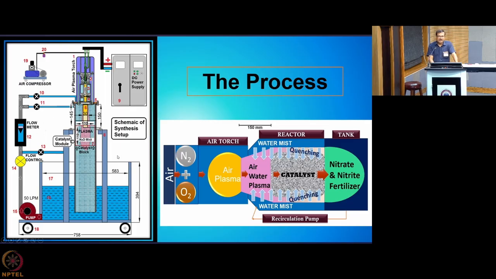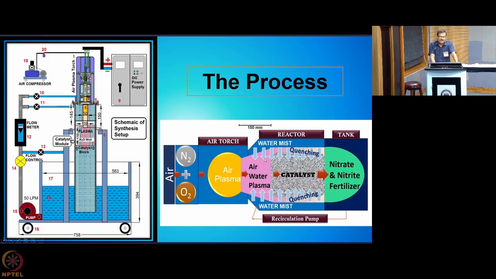Now, in the reactor design, here the plasma N2 plus O2 forms the air plasma in this zone. Then that interacts with the water vapor, the water mist injected into this zone. It forms water vapor and breaks the water H2O into H plus and OH minus.